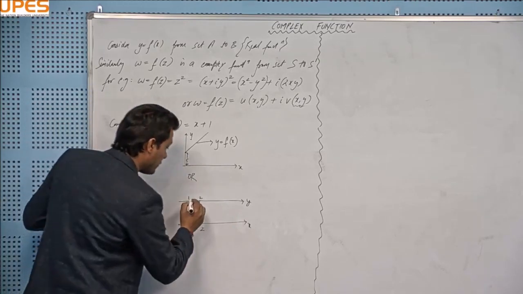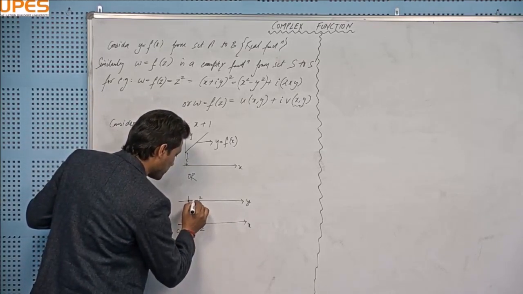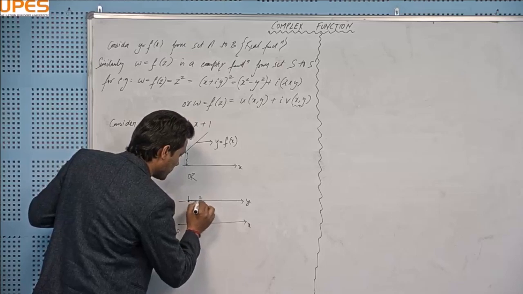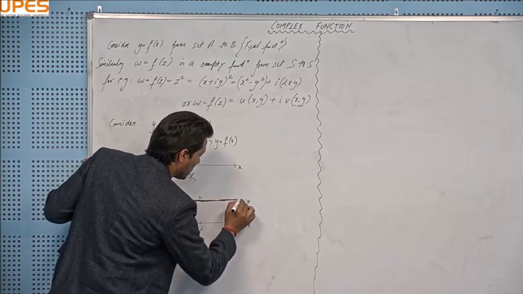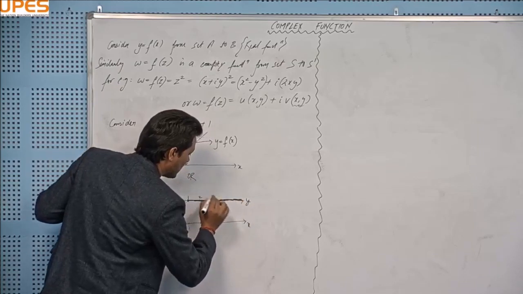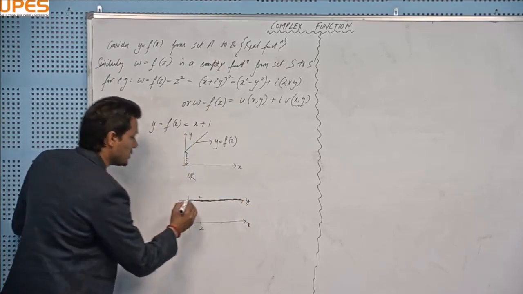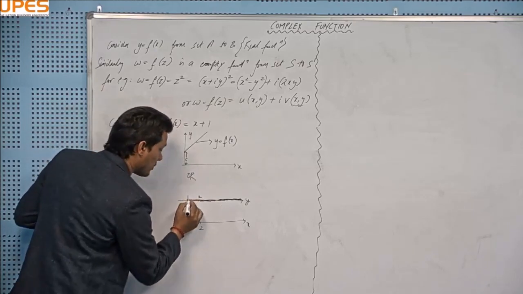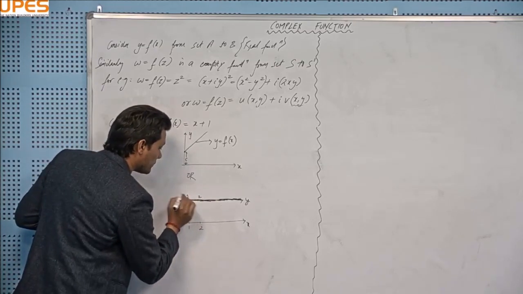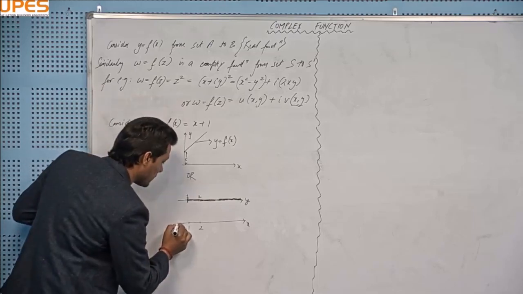So the graph will look like this. If I draw the graph, then the image will be like this, right? You can see that the image of this function starts from 1, corresponding to x equal to 0.